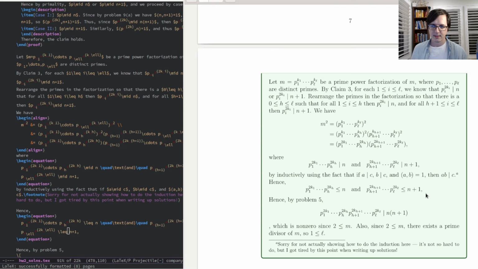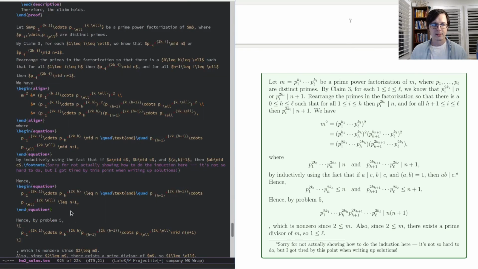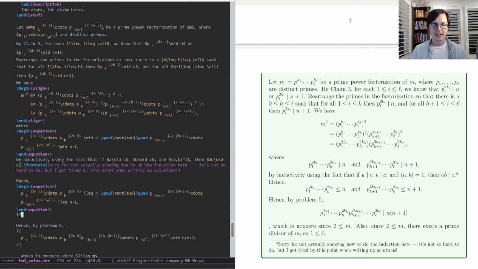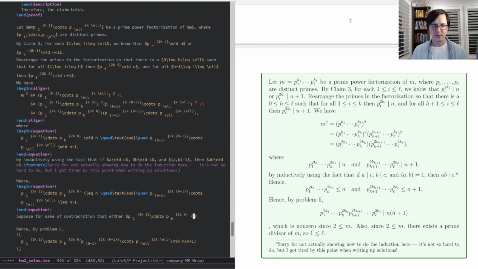So suppose for sake of contradiction that either this were a strict inequality or that were a strict inequality.